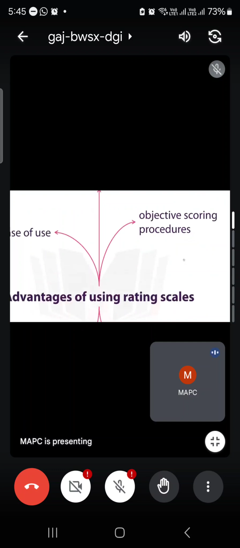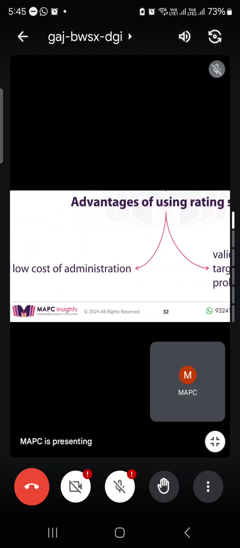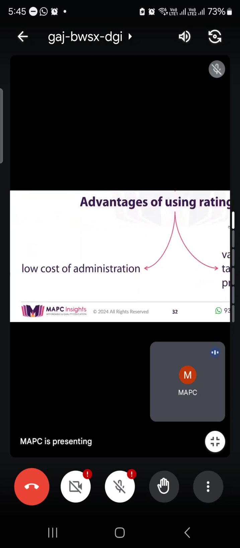Objective scoring procedures: whatever responses you are getting, you can give them a score and then do the total scoring also. Validity for assessing the targeted behavior problem, and the low cost of administration. You simply need to check the self rating. That's it.